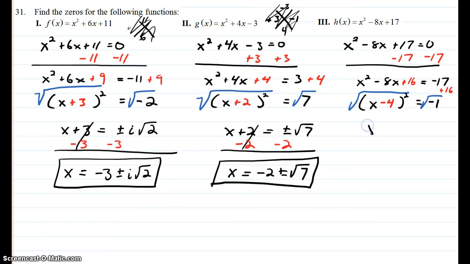And now we have x minus 4 equals the square root of negative 1, which is i. Now we can add 4 to both sides, and we're left with x equals 4 plus or minus i.